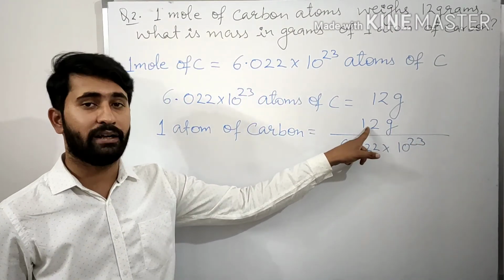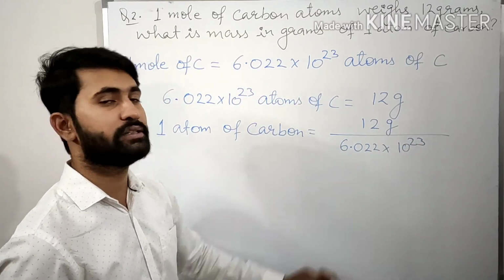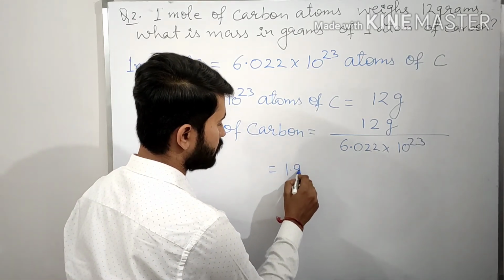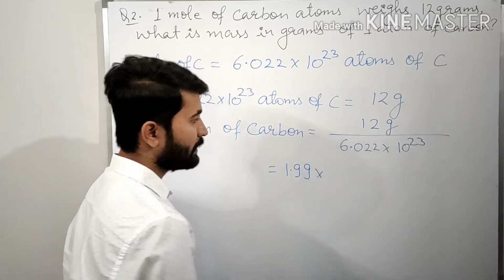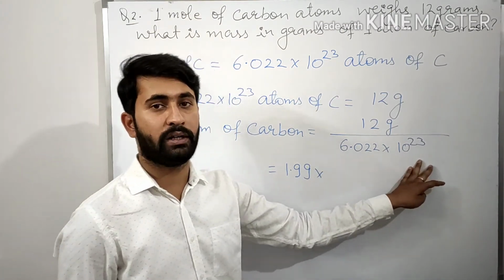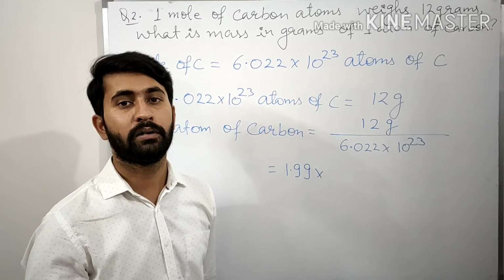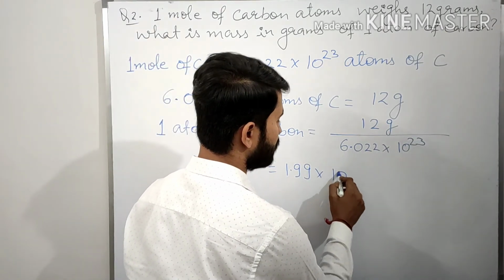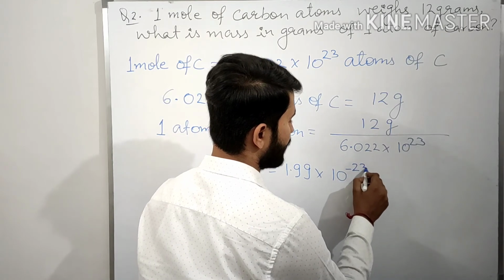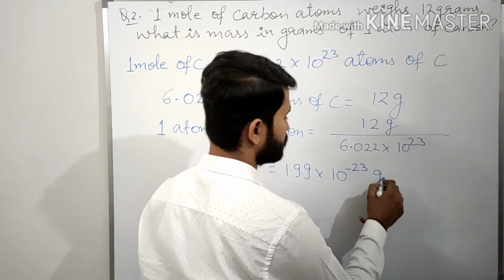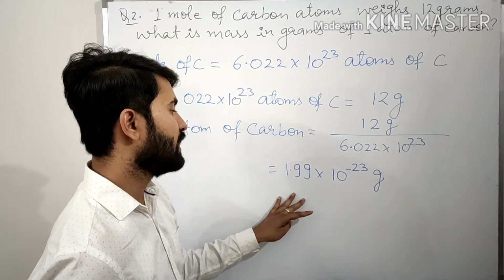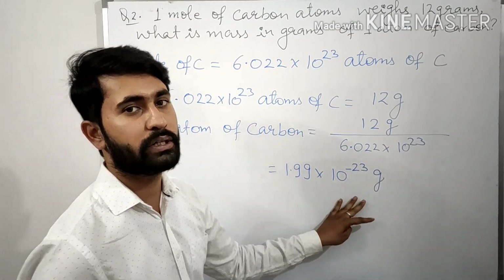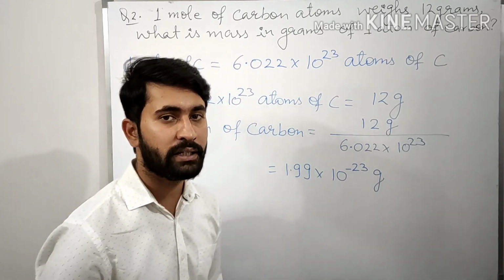Now when we divide 12 by 6.022, we will get 1.99, and this 10 to the power 23, when it is taken up, the sign of the power will be inverse, meaning it will be 10 to the power minus 23 grams. So the mass of 1 carbon atom will be equal to 1.99 into 10 to the power minus 23 gram.